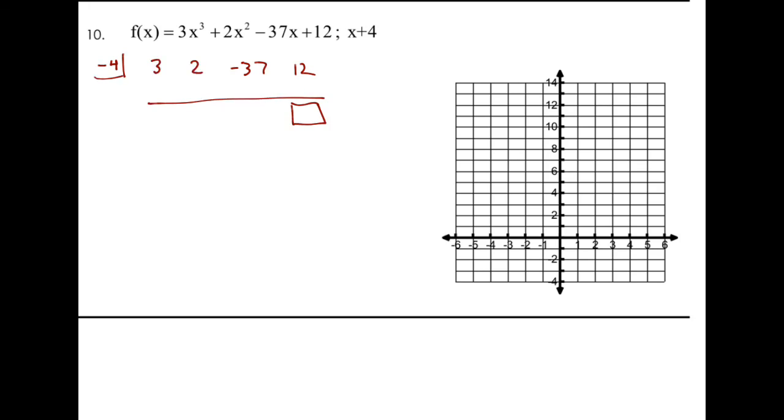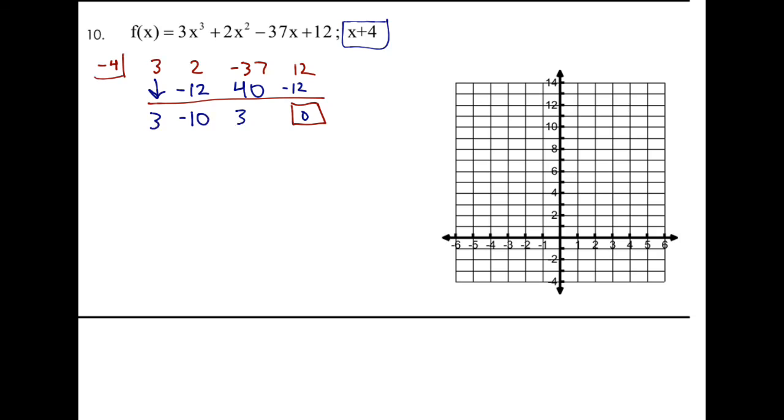Always put my box there for the remainder. -12. -10. Oops, should be a +40. 3. -12. 0. So we know that that is a factor.